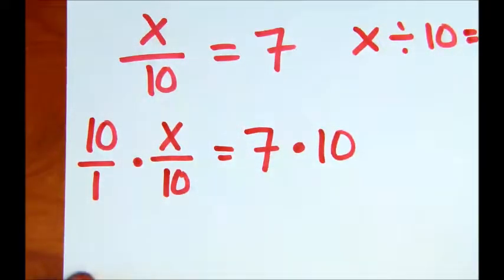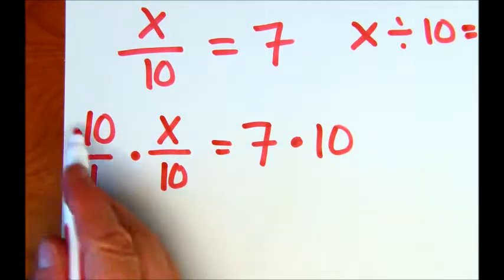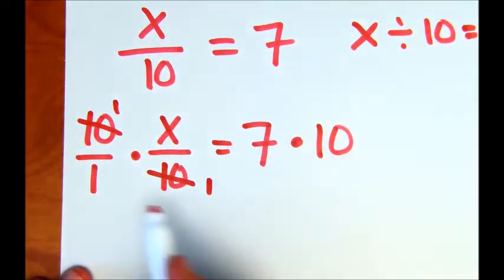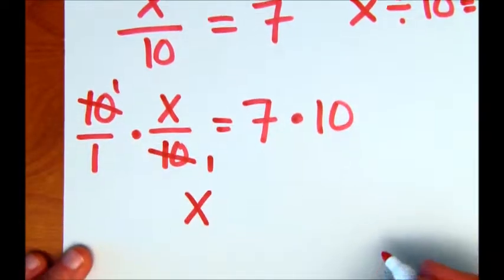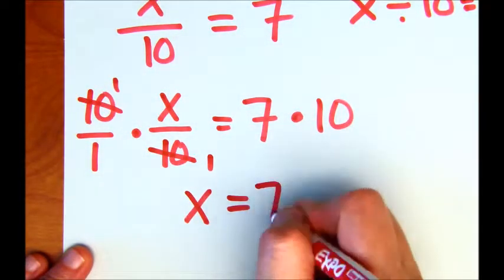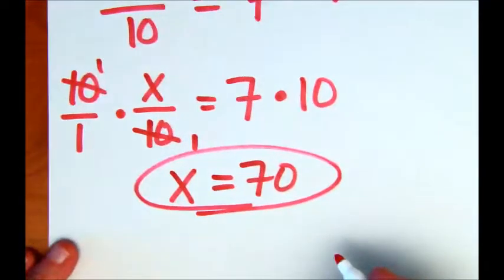Okay? Now, let's reduce. These cancel. 10 and 10 goes in one time each. We've got x over 1, which is the same thing as x, equals 7 times 10 is 70. That's going to be our solution.